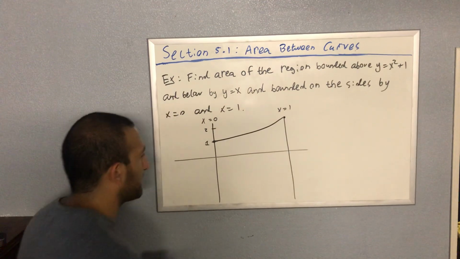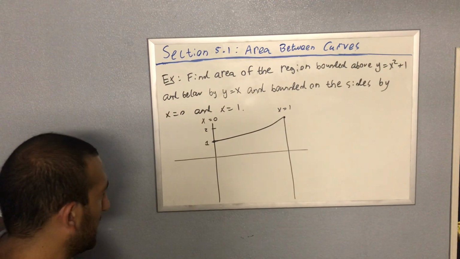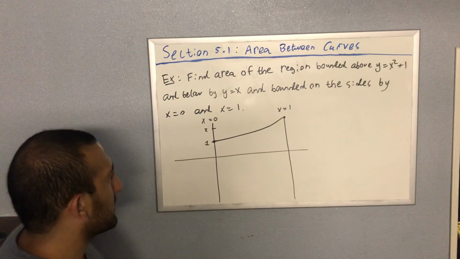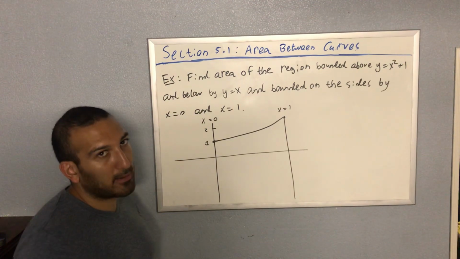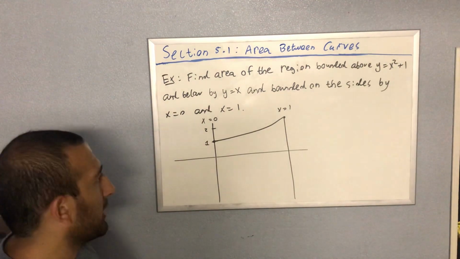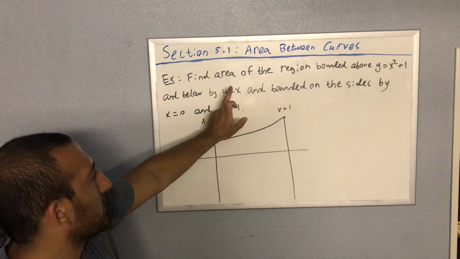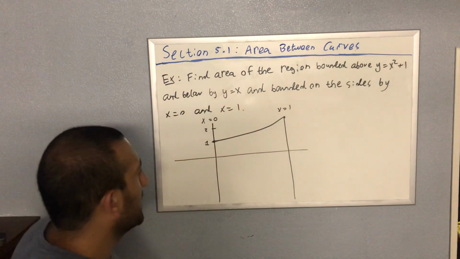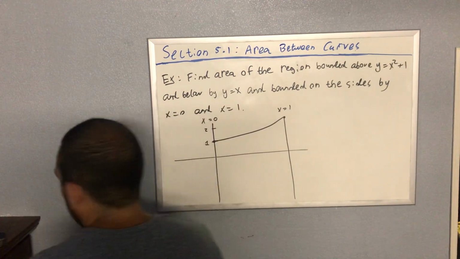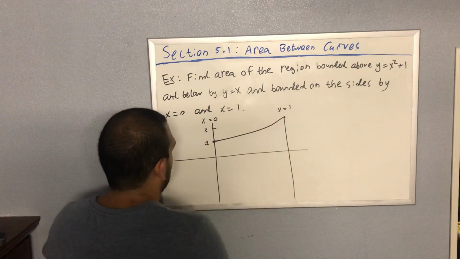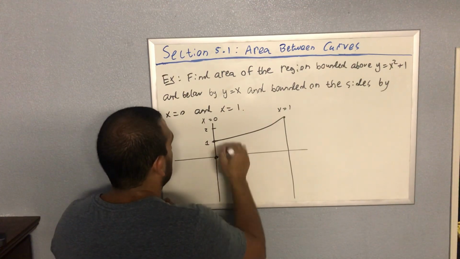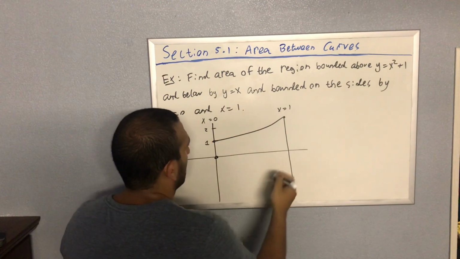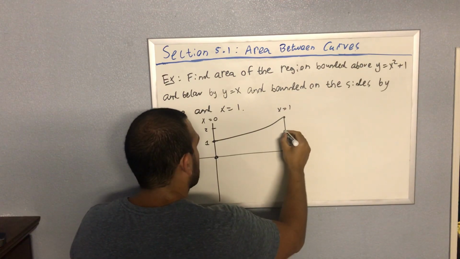It's a little curved. And then what does y equals x look like? Well, that's the simplest line, right? This is a line with slope 1 and y-intercept 0. But again, let's just plug numbers in. If you stick 0 in, you get 0. And if you stick 1 in, you get 1. So the line looks like this.